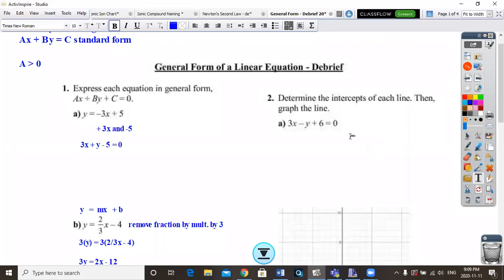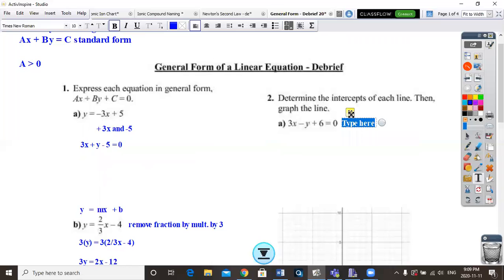Okay, so one thing that you saw in the notes is that if we have the equation in general form, it becomes quite convenient to graph the line because we can find the x and the y-intercept. So remember, the x-intercept is where the line touches the x-axis, and the y-intercept is where it touches the y-axis.